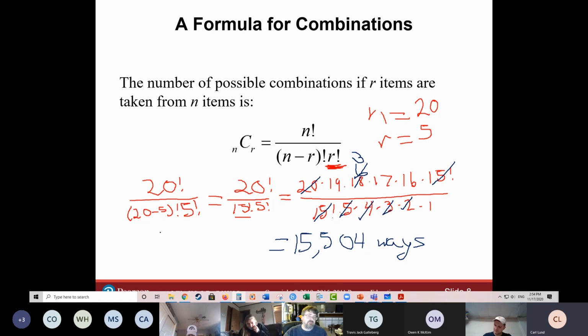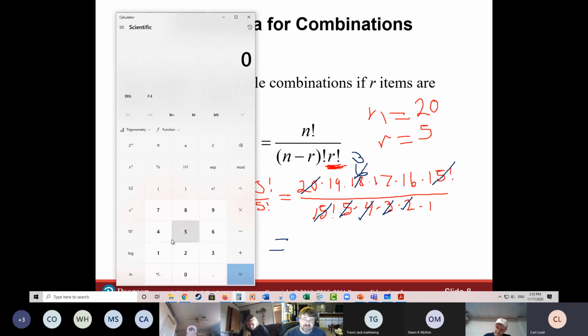Yeah, I multiplied it by 20. My bad. That's on Carl. Let's try this again. What I should be multiplying is not 20, because I canceled that. I think I multiplied that by accident. 19 times 3 times 17 times 16.